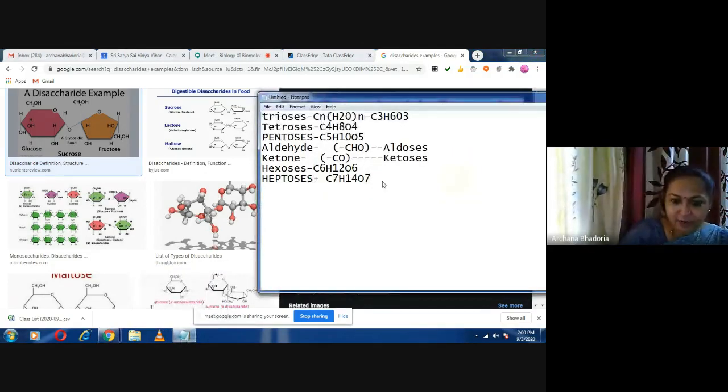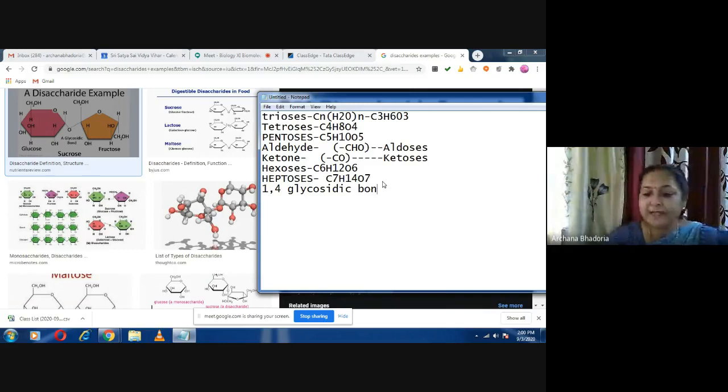This way we write 1,4 glycosidic bond. And when they combine together, all have noted 1,4 glycosidic bond or glycosidic linkage. It is also known as linkage. 1,4 glycosidic linkage. Noted?